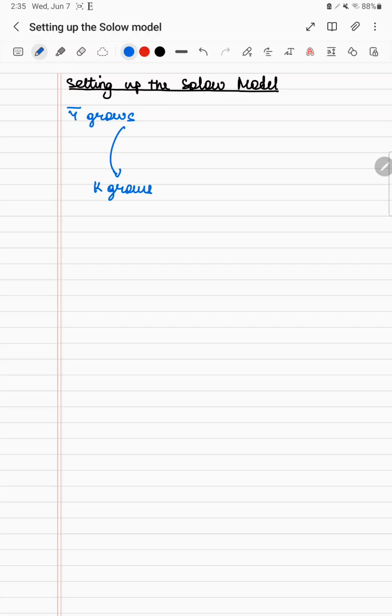This was usually implicit because when you studied the labor market, you probably think of production as Y equals F of L. The implicit assumption here is that K is fixed and so only L determines output. So if K grows over time, the full employment level of output at L bar or L star also obviously grows.